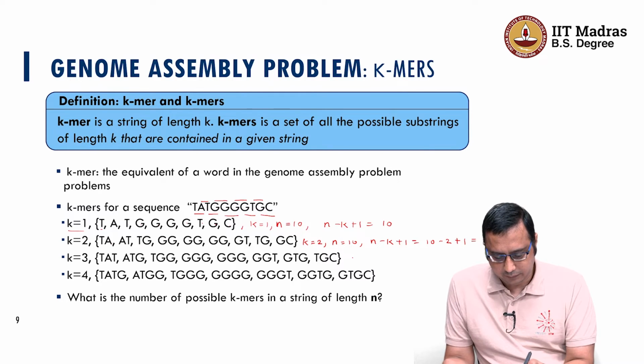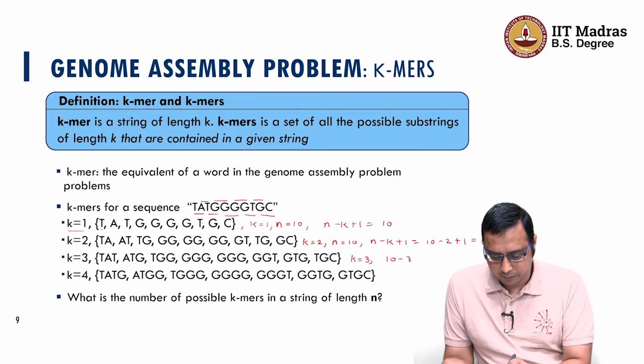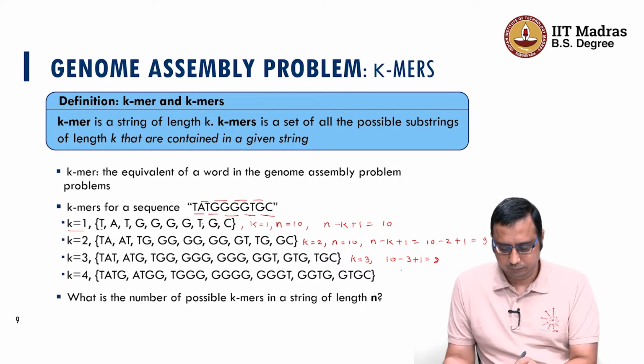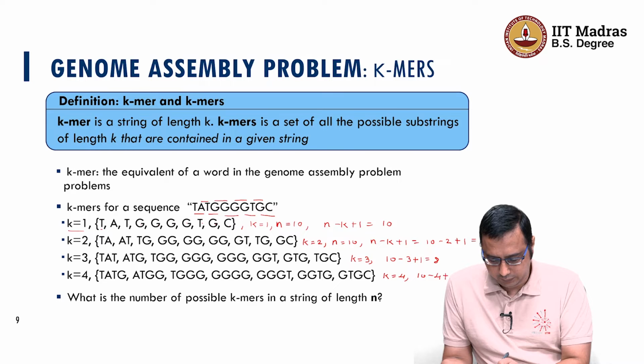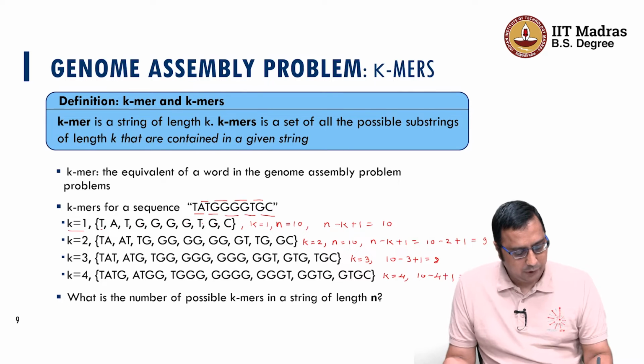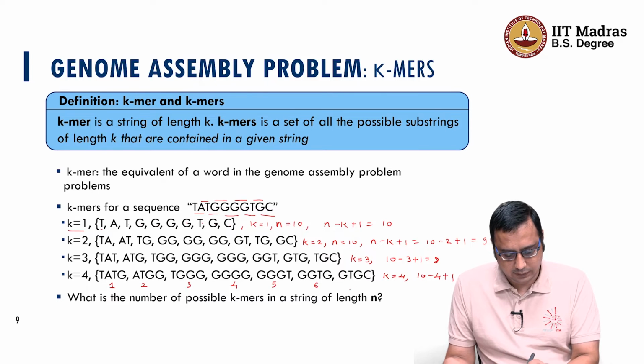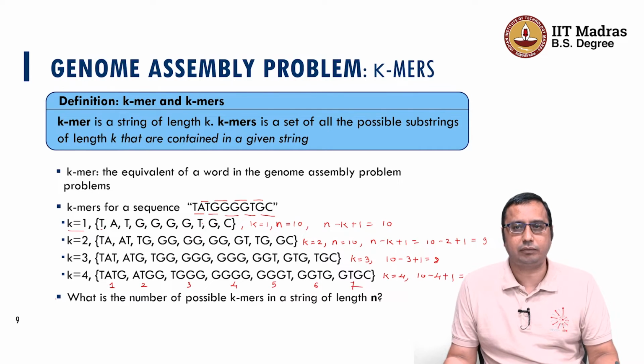Similarly, for k equal to 3, it should be 10 minus 3 plus 1, which is equal to 8, and for k equal to 4, 10 minus 4 plus 1 is equal to 7, and you can count that we have 1, 2, 3, 4, 5, 6 and 7 elements.